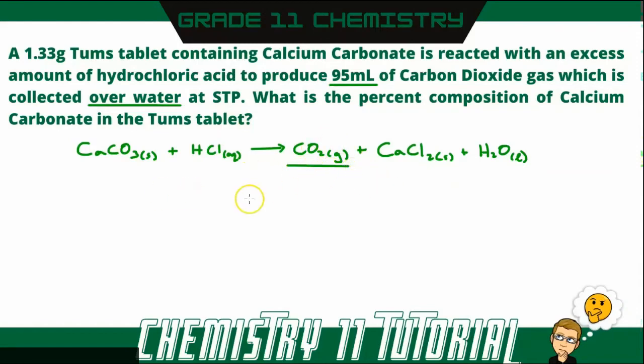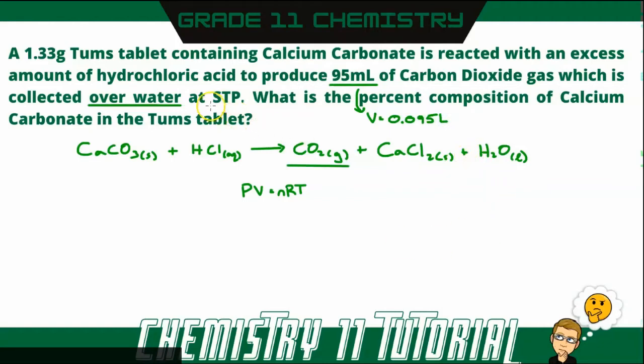To figure out how many moles there are, I'm going to use our PV equals nRT, our ideal gas law, and I can solve for n. Now R we know, it's the gas constant. The volume they give us is 95 milliliters, but we're going to put that into liters. So our volume is going to be 0.095 liters.